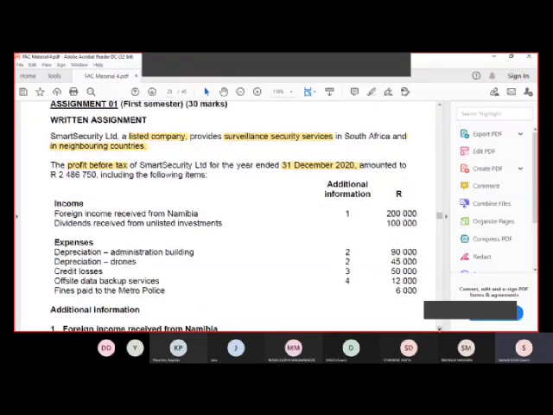You have foreign income received from Namibia, dividends received from unlisted investment. Also, when you read in an exam condition, guys, remember one thing. When you read these things, they are telling you something. Like this foreign income received from Namibia, this might be exempt, but you'll see when we go along there. Dividends received from unlisted investment, it's local dividends.